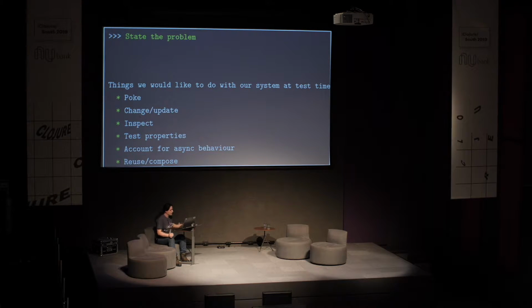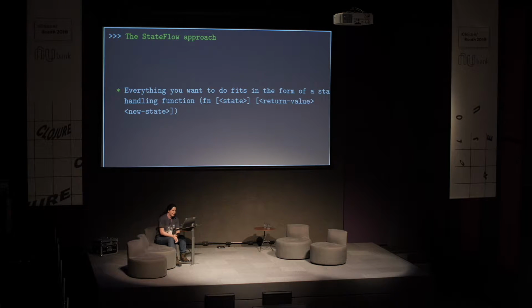So how do we use Stateflow for solving those kinds of problems? What it does is that everything you want to do is of the same simple form. Everything is a function that receives a state. In this case, the state is your system. And it returns a pair of values.